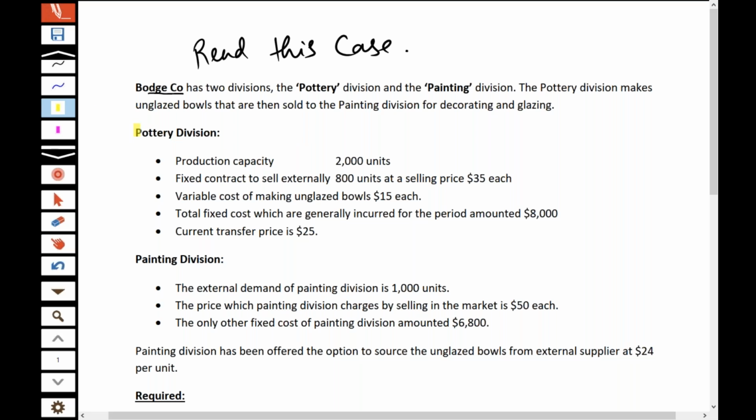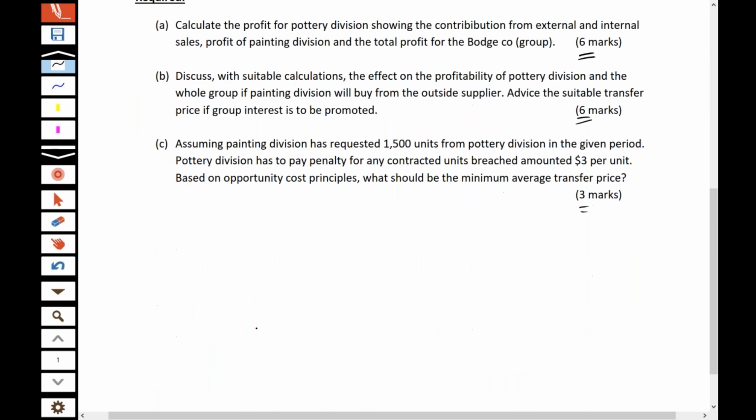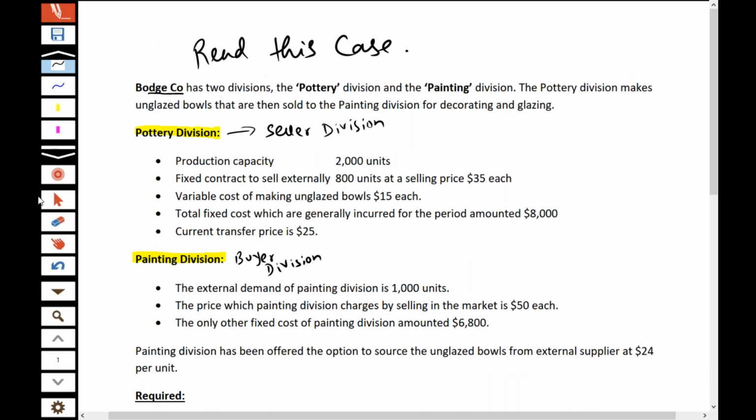This is the pottery division, which is the seller division, and this is the painting division, which is the buyer division. Students, the question is covering a lot of areas, so pay high level attention here.